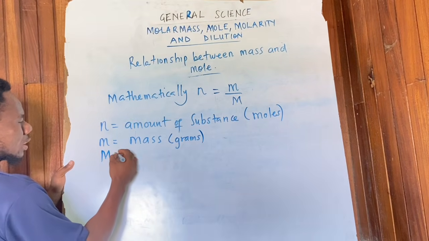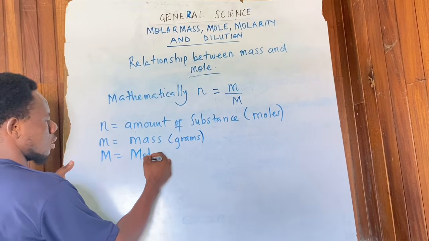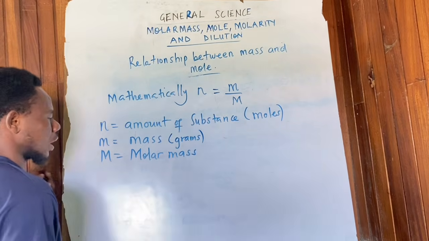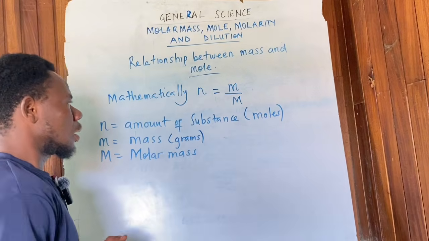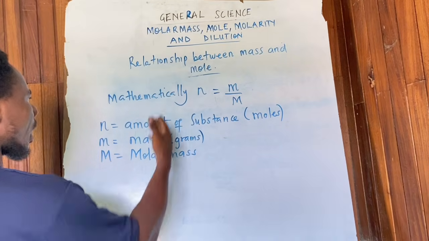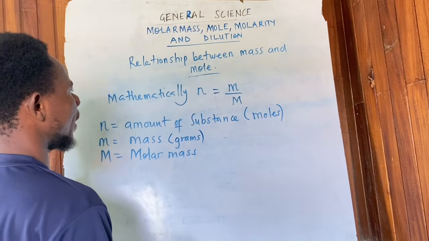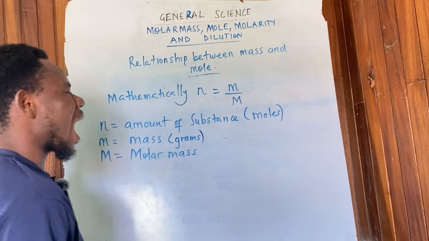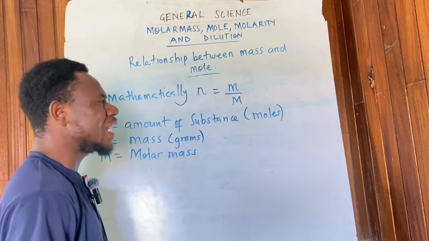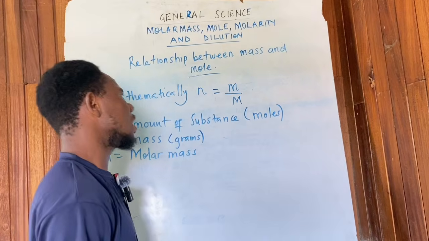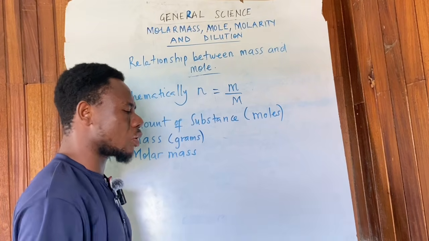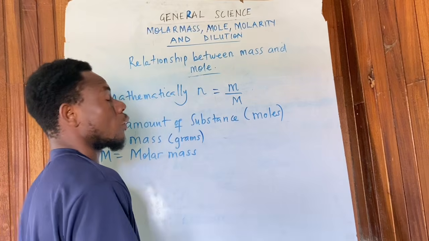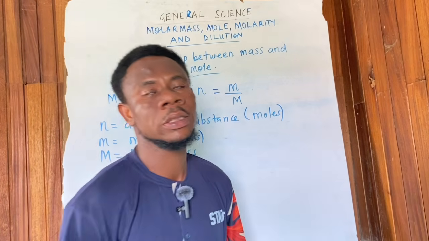Then big M is our molar mass. So our n is equal to small m over big M. This is when we want to find our amount of substance in a particular compound. Let's take, for instance, if we are to calculate the amount of substance contained in 5 grams of calcium chloride.